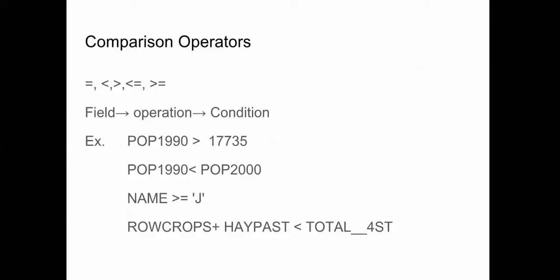So for example, the acres of row crops for a HUC 12 plus the acres of hay pasture, and if we add those two together, we could kind of conceive of that as agricultural land. We want to know those HUC 12s where the agricultural land, those two fields, is less than the total forested cover. And so again, we can use some combinations of fields and mathematical operators to combine them, to divide them, etc. And so we're going to use these examples when we look at basic comparison operators.